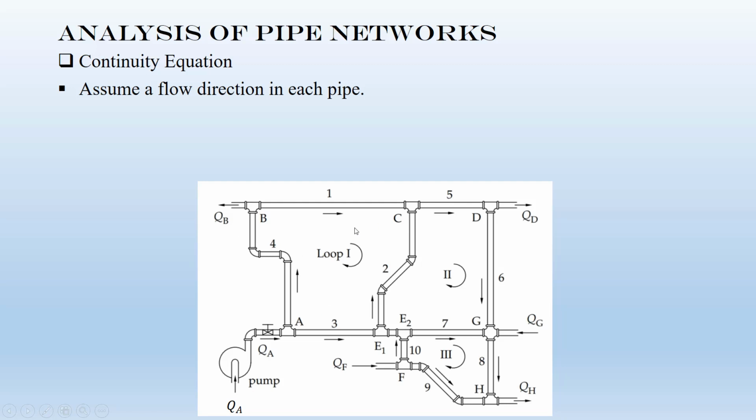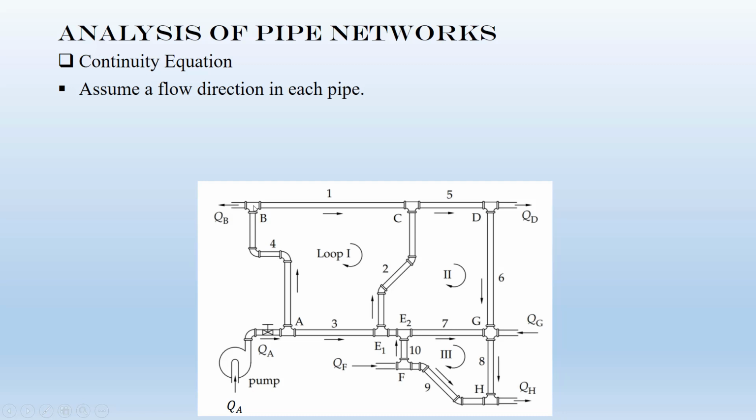So select a flow direction. You can totally select it randomly, or you can start from one point and then select a direction. For example, here is the inlet. You can assume that fluid flows in this direction in pipe 4, and then from left to right in pipe 3. And then here, this is the exit.